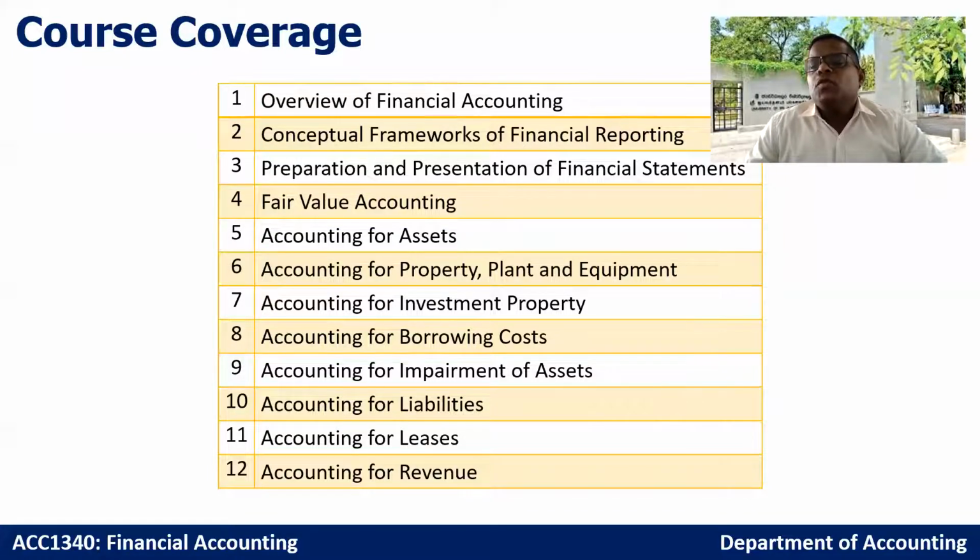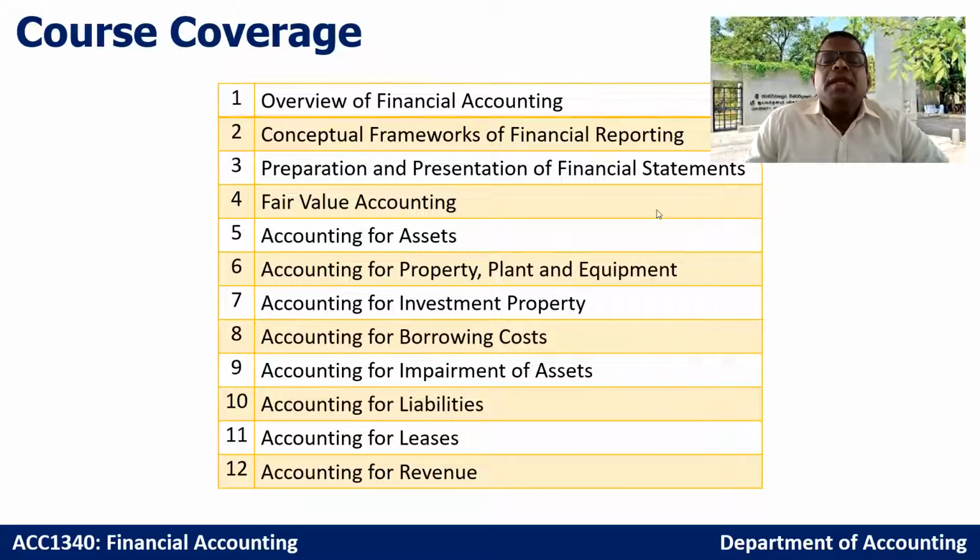For the common program, we have designed and selected these 12 areas. We believe that those areas are commonly important for any undergraduates following management related courses. That's why we have selected these 12 areas.